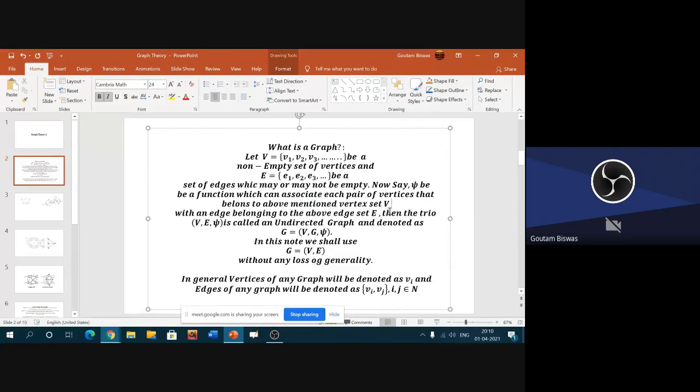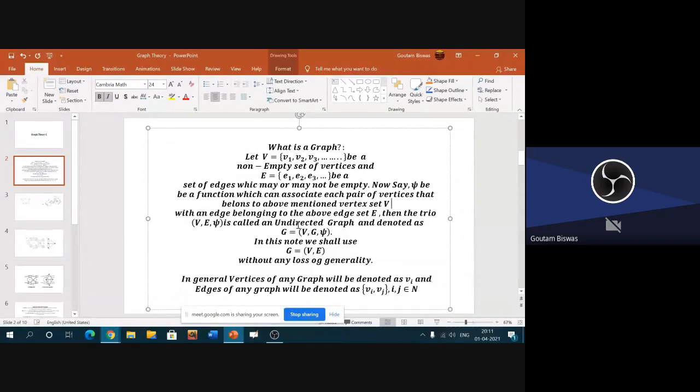with an edge belonging to the above mentioned set E. Then the trio, these three, is called an undirected graph. Remember this fact: undirected. Why is it called undirected? Because we did not use any direction symbol in the graph.